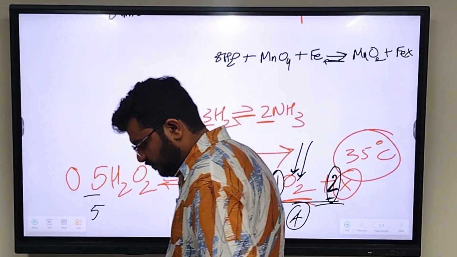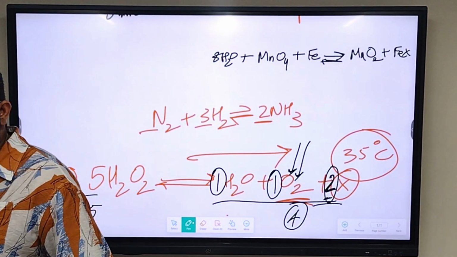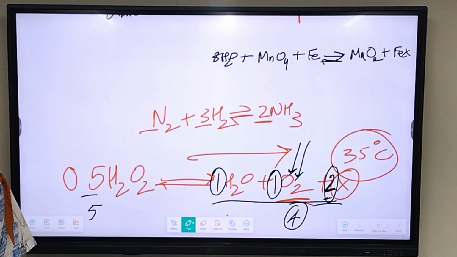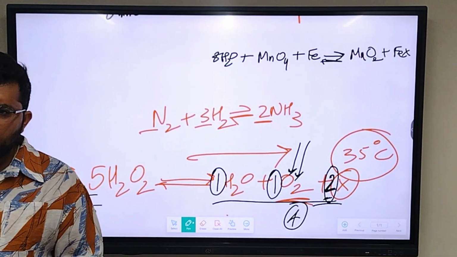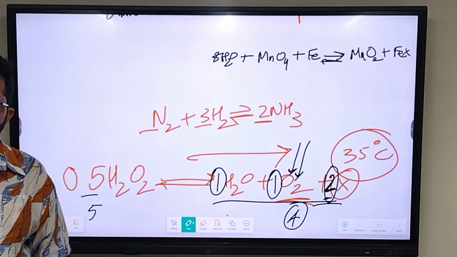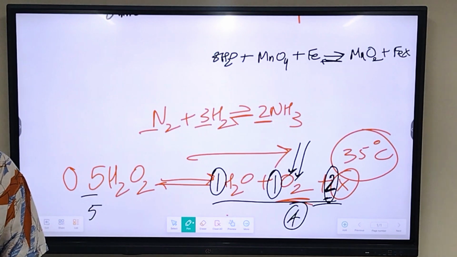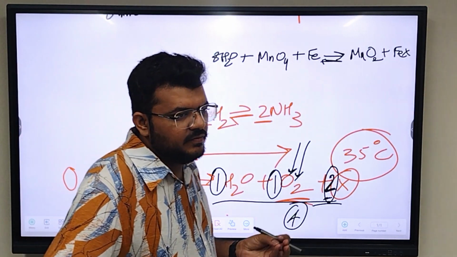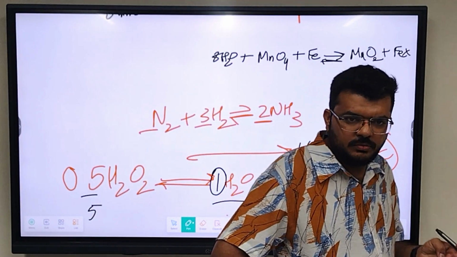Okay, is there any other way to disturb the equilibrium? Concentration. Concentration is equal to quantity. If I add a quantity of a reactant or product, that is equivalent to changing the concentration. So we know concentration, we know temperature, we have understood pressure.